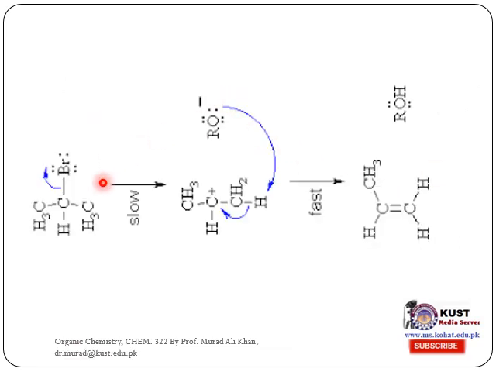The same is the case here. The first is the slow step, the formation of carbocation, and then the base attacks the hydrogen and removes the proton, and we get a double bond or an alkene in the product.